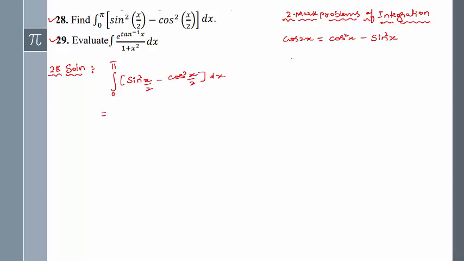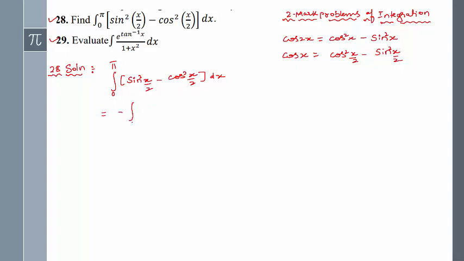So cos x will be equal to cos square x by 2 minus sin square x by 2. To convert our expression to this form, take minus in common.